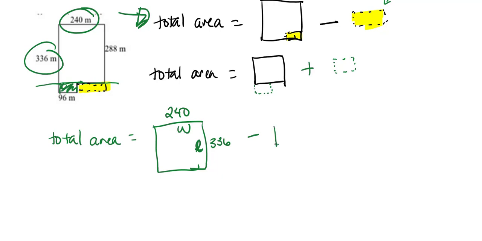And so this little rectangle, we're going to magnify it. This little bit is going to be from 336 minus 288. So that would give us that little length right there. Then we can say the width on the top is going to be 240 minus 96. So that would give us the sizes of the length and the width of this rectangle.